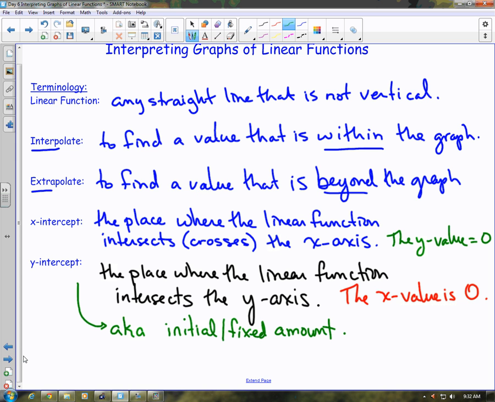Yesterday we looked at an example, I think it was either driving a car or renting a hall for a party. Whenever there's an element that is a fixed cost, a fixed amount or an initial amount, that's our y-intercept.